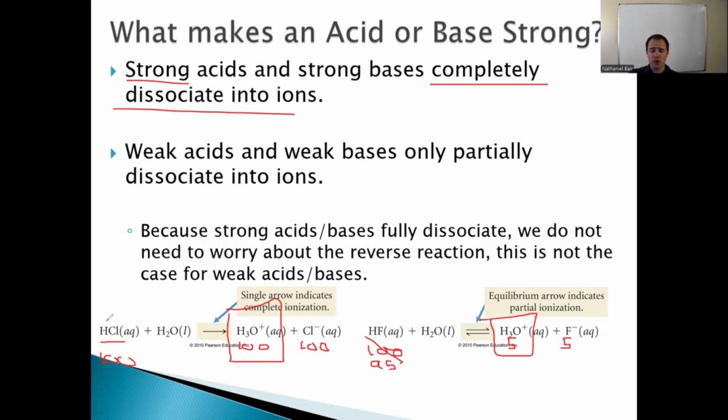So maybe 100% of these molecules dissociated and only 5% of these dissociated. You're going to have way less H plus ions or H3O plus ions in weak acids. So strong just means fully dissociates. And since it fully dissociates, it makes a lot of H pluses, or if it's a base, OH minuses, which is what makes it strong.